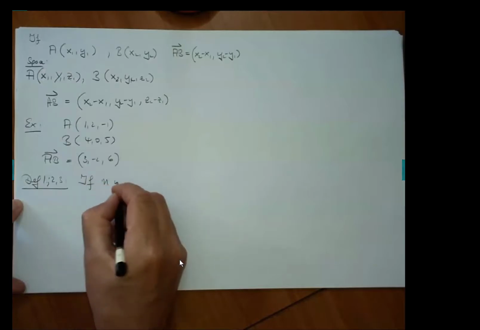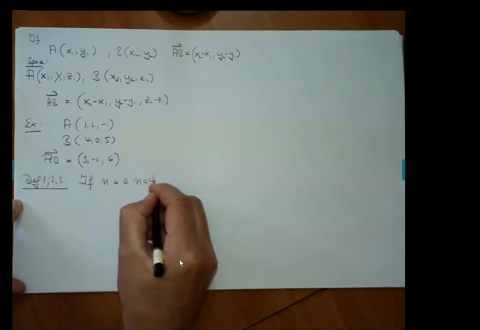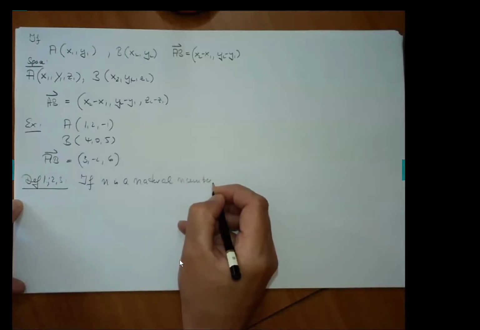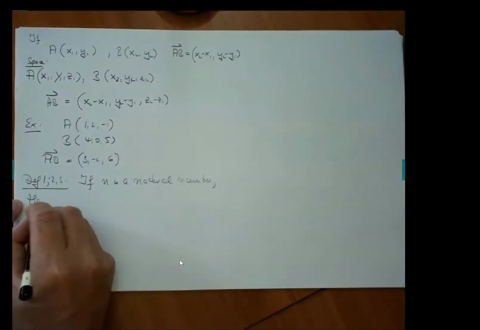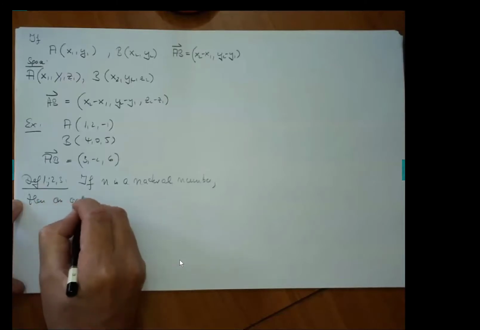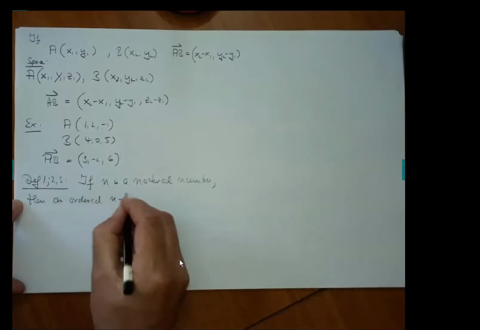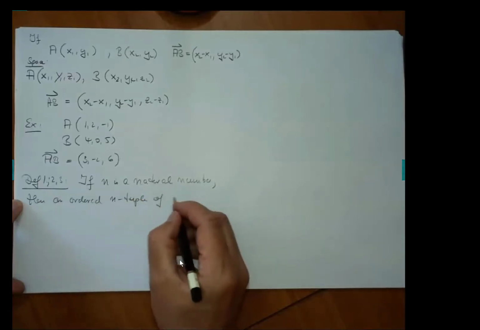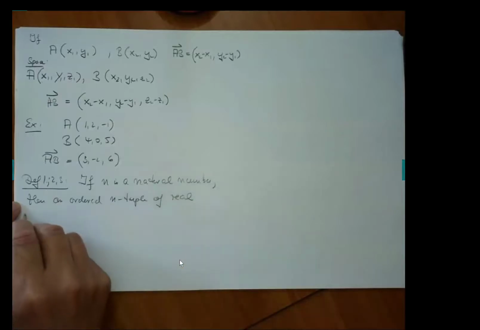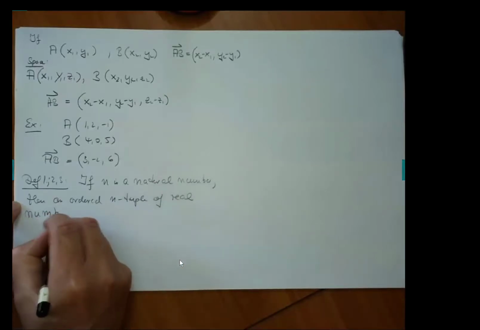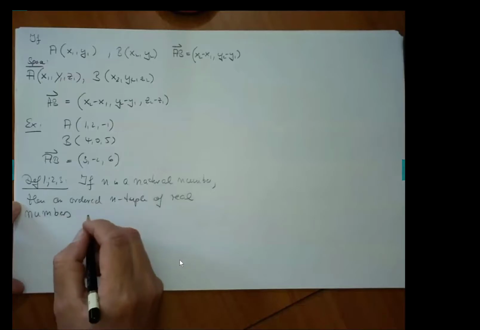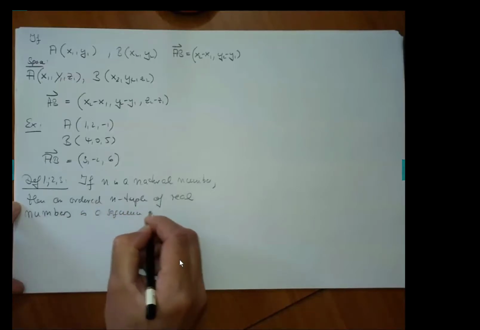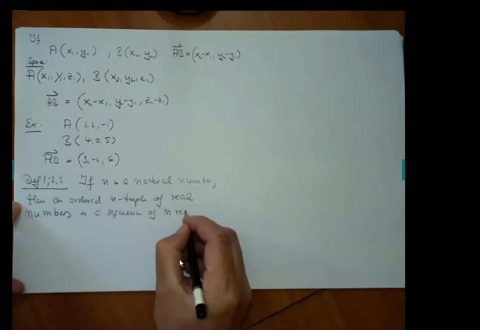So if n is a natural number, then an ordered n-tuple of real numbers, again, we only consider real numbers, we will not do complex numbers, at least not for vectors and matrices, is a sequence of n real numbers.